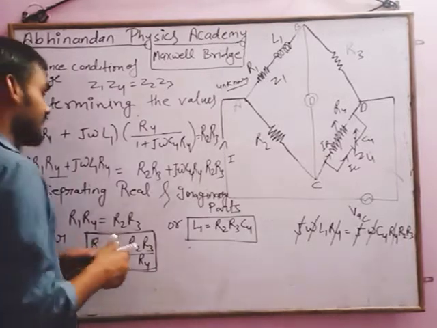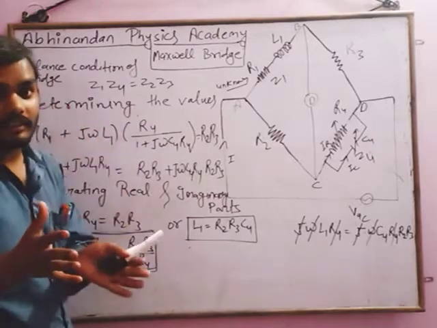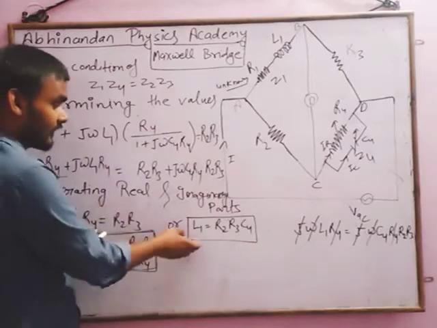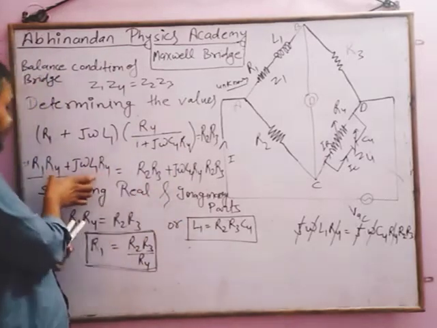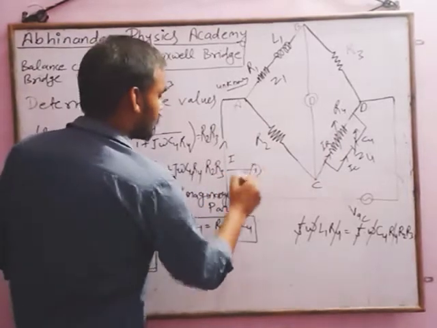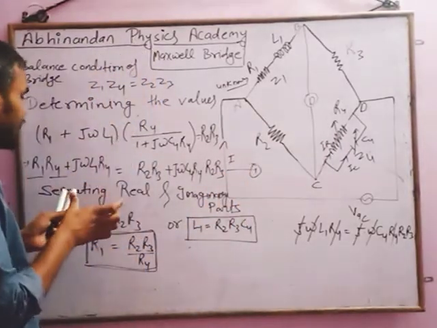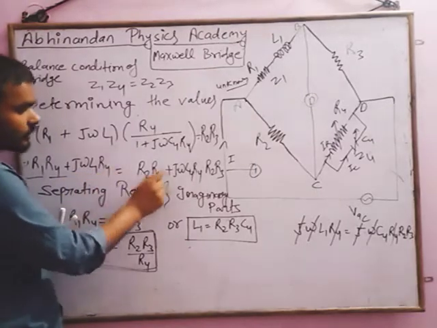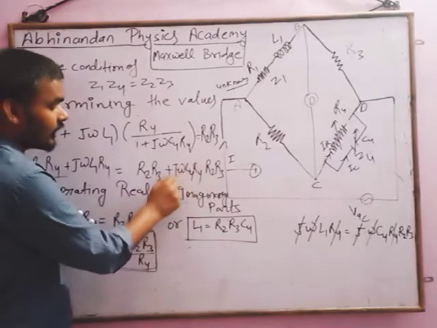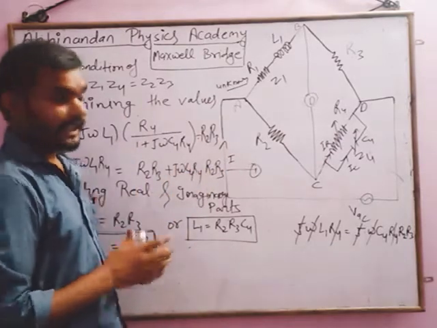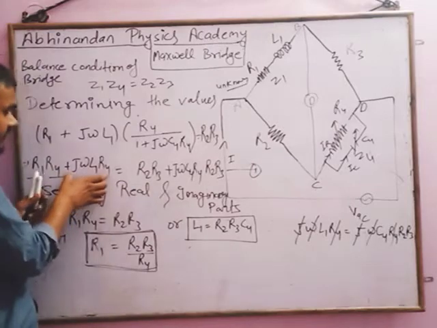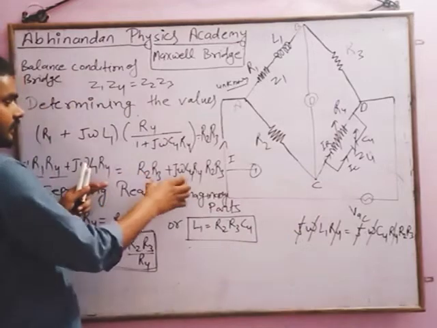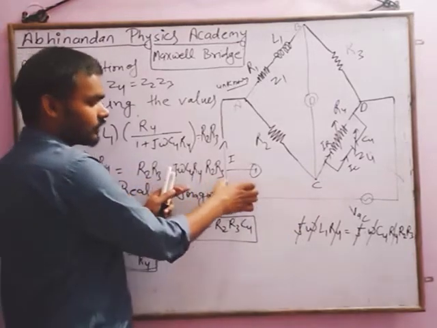In the same way, by separating the imaginary part, we can find the self-inductance L1 from equation 1. The imaginary part in the previous equation is j omega L1 R4, which is equal to j omega C4 R4 R2 R3.